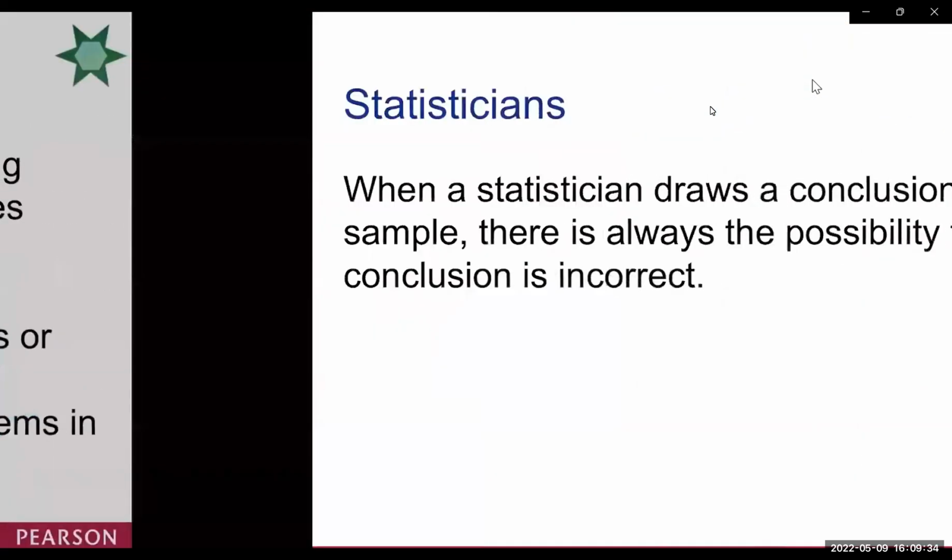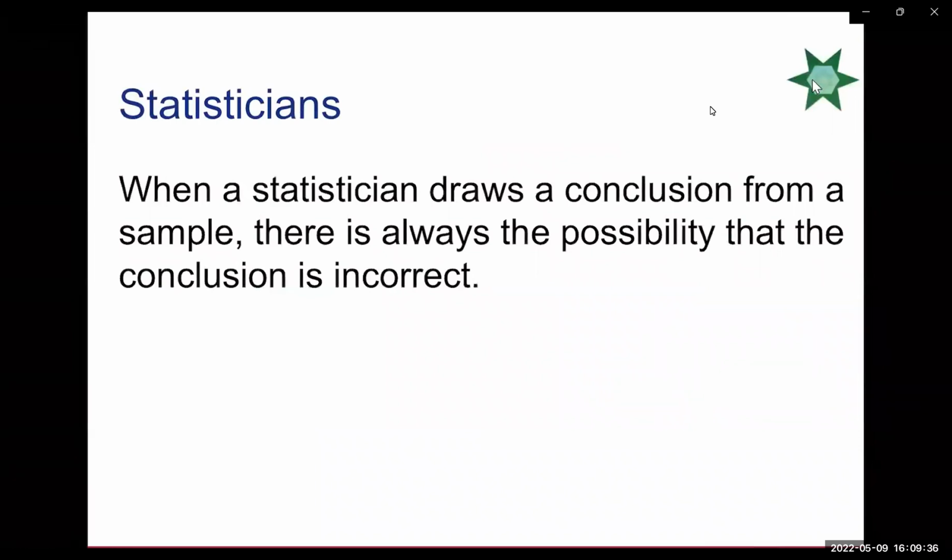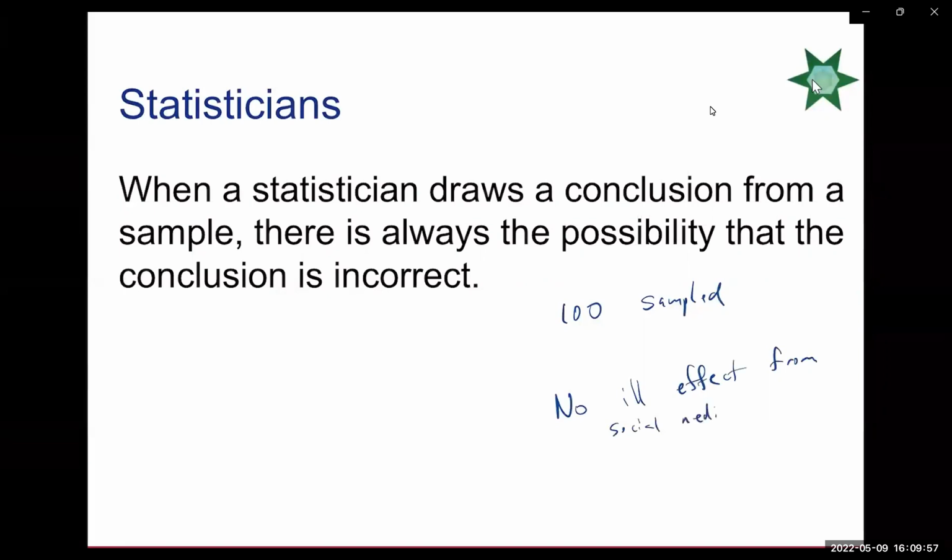All right. When a statistician draws a conclusion from a sample, there's always the possibility that the conclusion is incorrect. Maybe from the 100 people that they sampled, the conclusion was that there was no ill effect from social media. But I think we know that some studies have shown there are harmful effects of social media on teenagers.